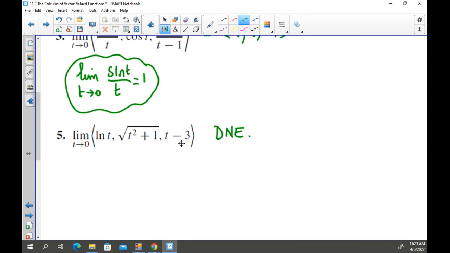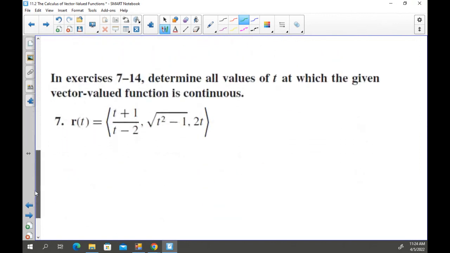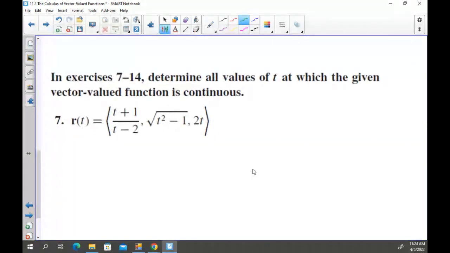Let me just maybe do 7 and then perhaps finish with this example 7. Where is this function continuous? All except t equal to 2. Yeah, t equal 2 is a problem because of the first one.